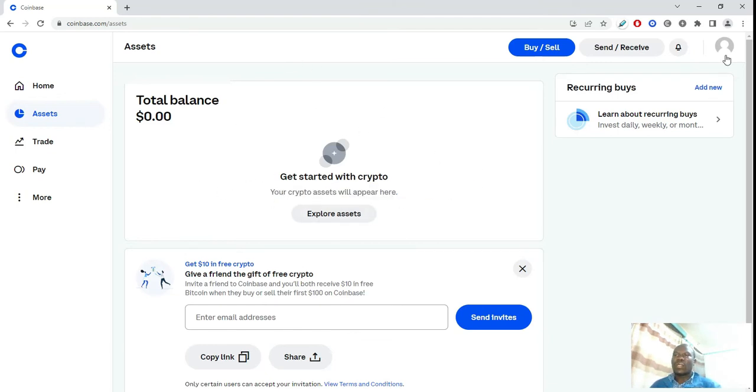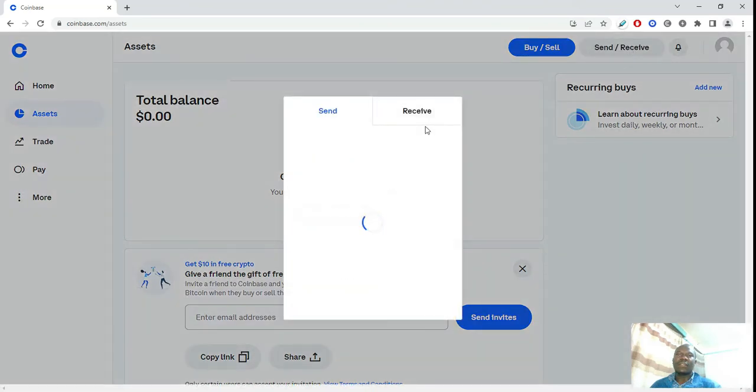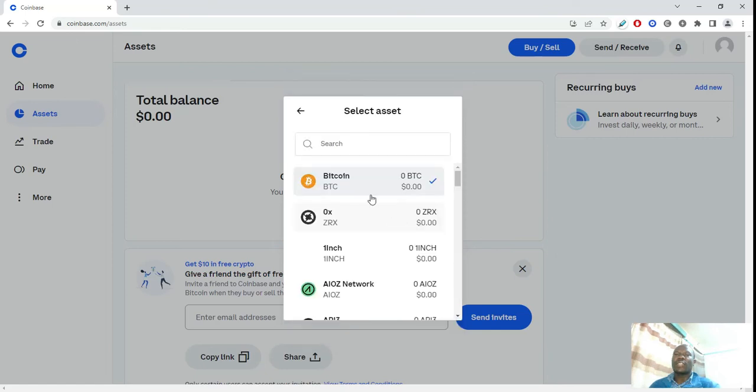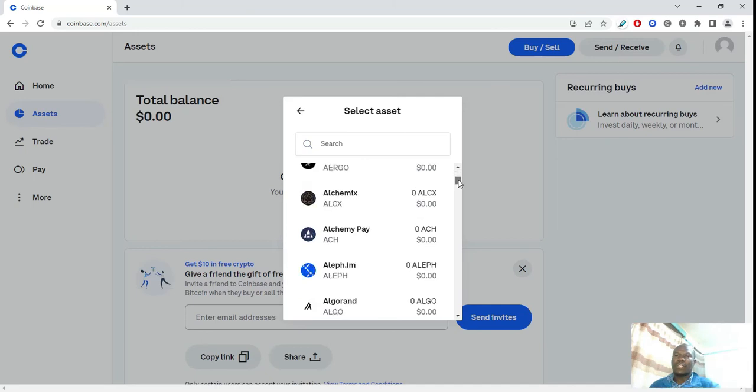There is also a way that you can send and receive crypto. If I want to send crypto, let's say I bought something from somebody and I want to send him $50 worth of Bitcoin. What I'll do is come to the send and receive button over here, and then I click the amount that I want to send to him if I want to pay in Bitcoin. So I'll pay with Bitcoin, or I can even change the cryptocurrency that I want to send.